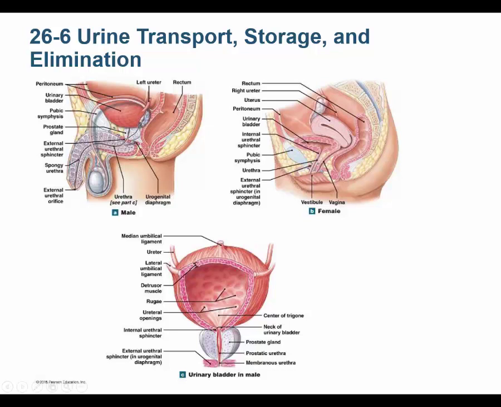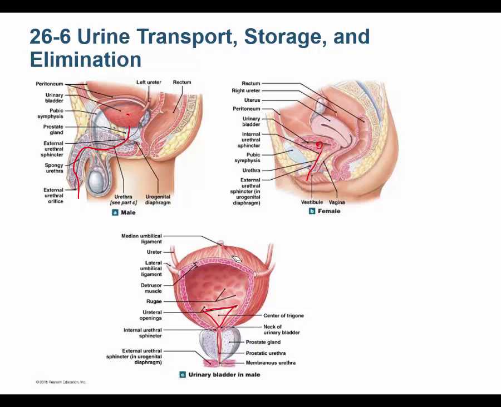So this is anatomy here, and you can see here's the bladder in the male, and here's the male's urethra. Here's the bladder in the female, and here's the female urethra, and that's going to be the elimination of the urine. Here's the bladder blown up. This is called a trigone right here, this imaginary triangle.